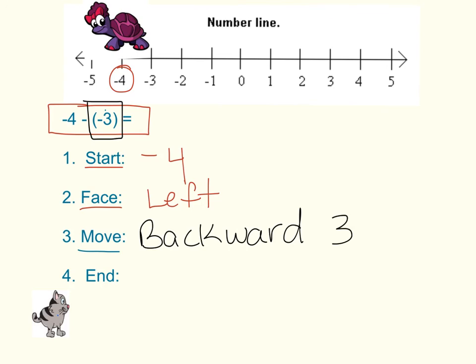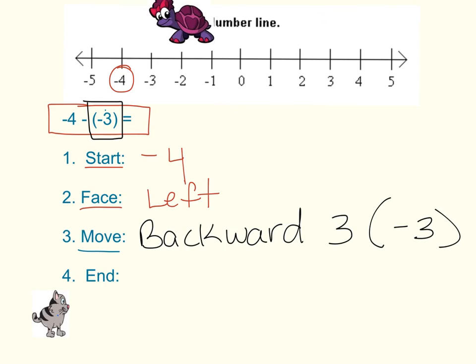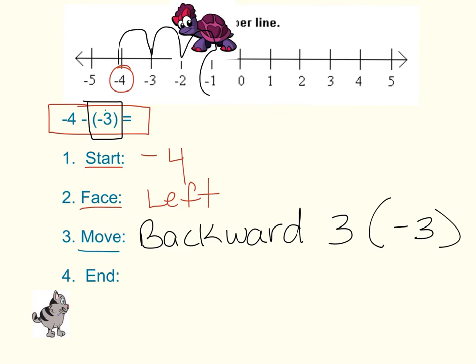So we're going to move backward 3 spaces to represent the -3. So let's move our turtle back 3 spaces. So 1, 2, 3. When we moved him back 3 spaces, we end up on -1. Therefore, -4 minus -3 equals -1.